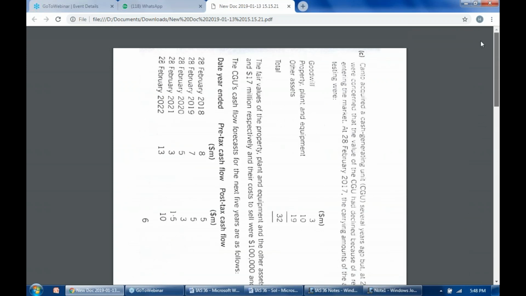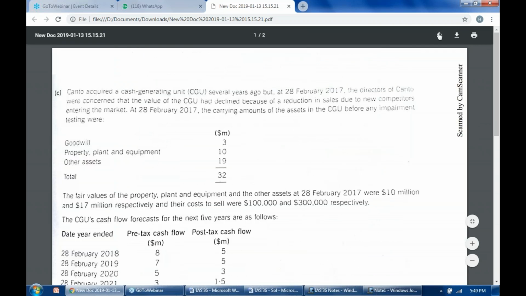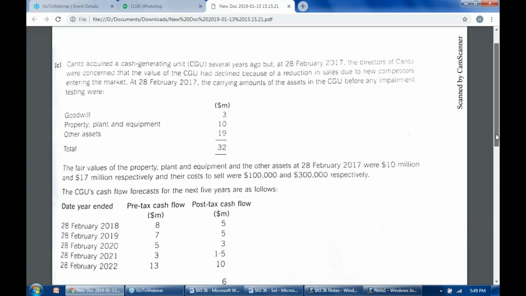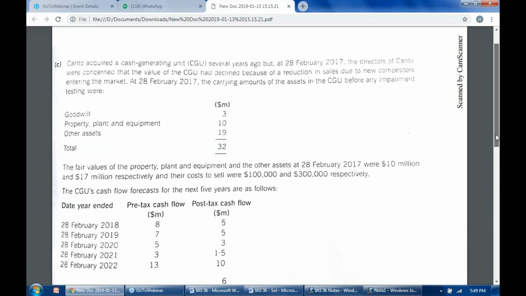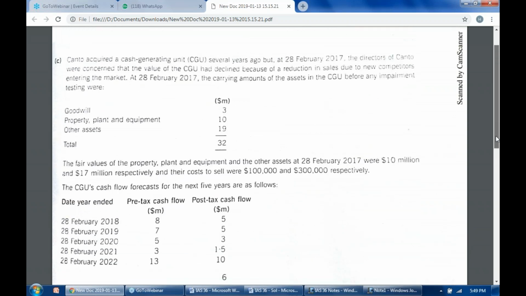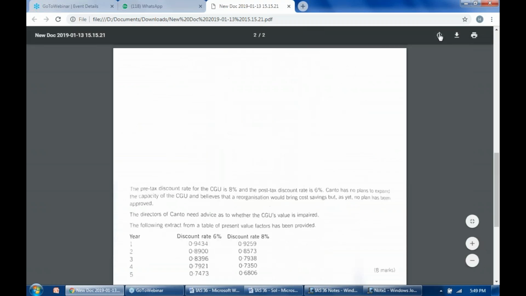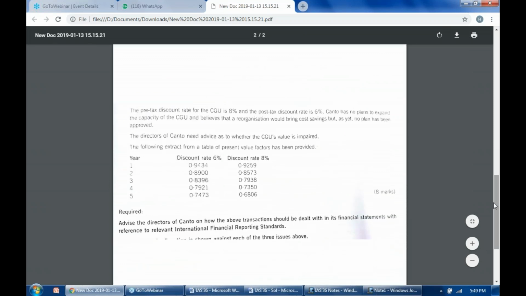There is some problem related to this document about the rotations, so don't worry. I will share the document once more because its positioning is not clear. So you just read the question and solve it accordingly. And do remember you have to submit this assignment by Tuesday.